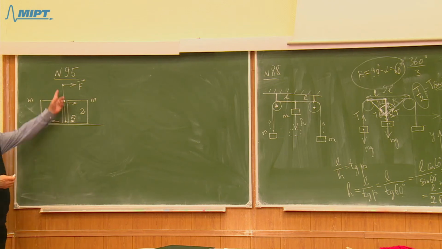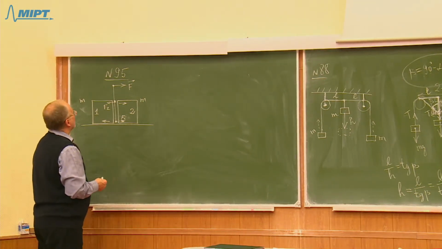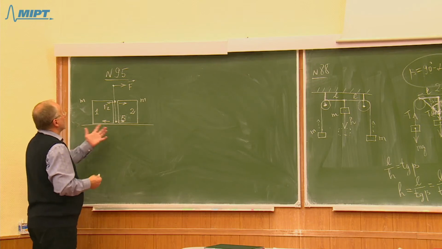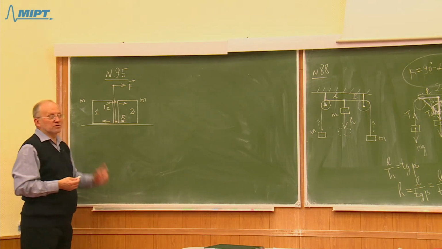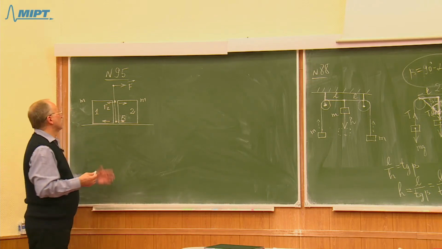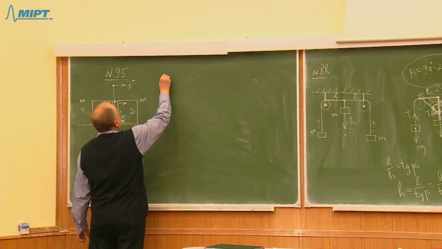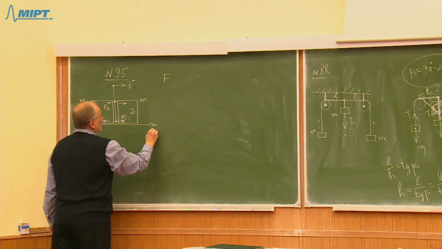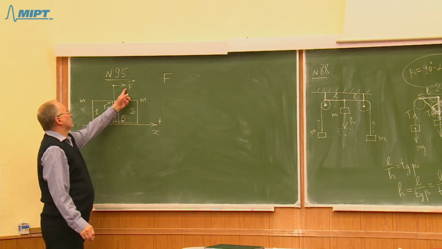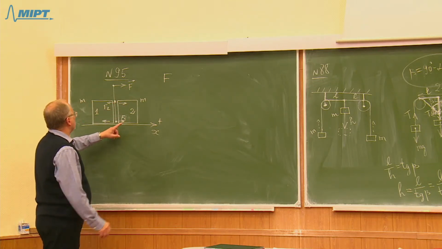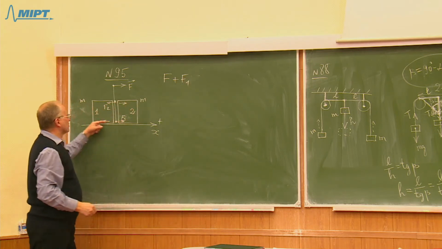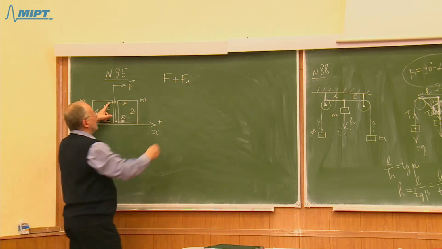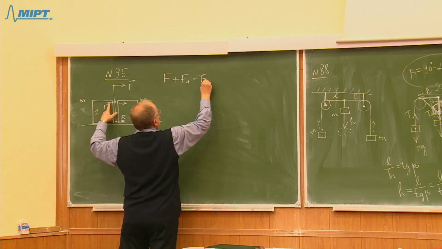Originally, in the beginning, it does not move. So static equilibrium means that all the forces acting on the rod must balance each other. Which forces act here? In the positive direction, to the right, we have force F, another force F1 acting in the positive direction, and force F2 acts in the opposite direction.